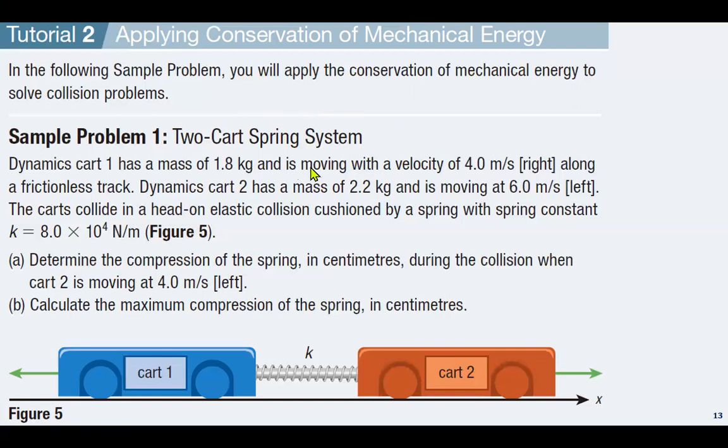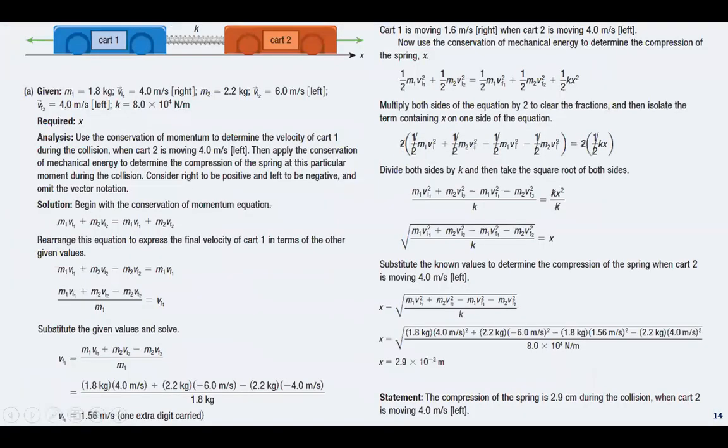All right, have you finished? Okay, let's consider the solution together. In question A, you can use the conservation of momentum to determine the velocity of cart 1 during the collision, right?